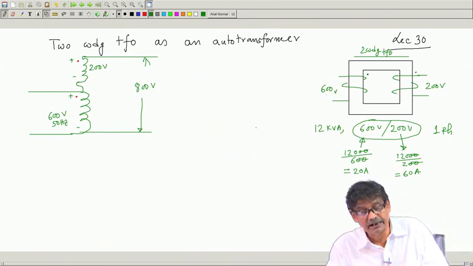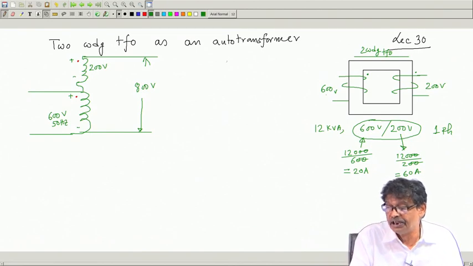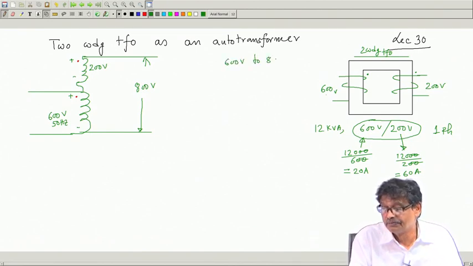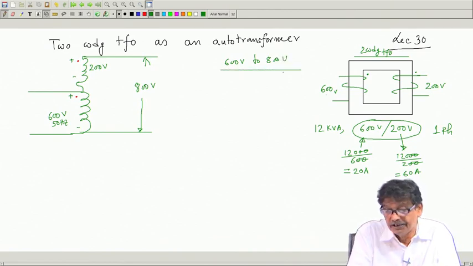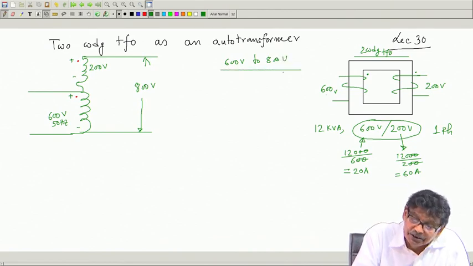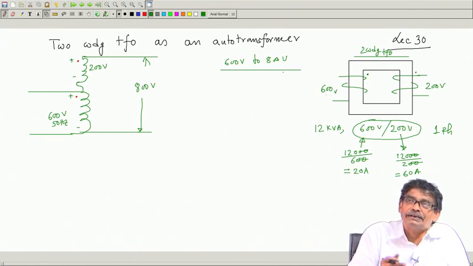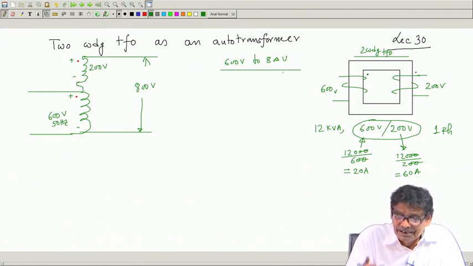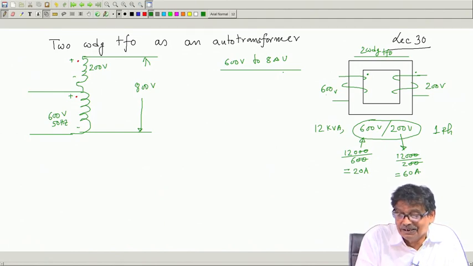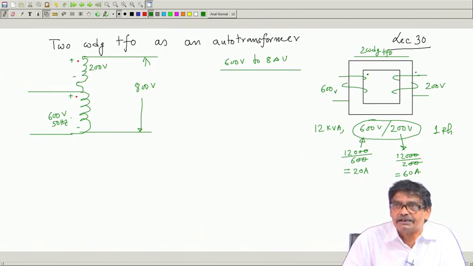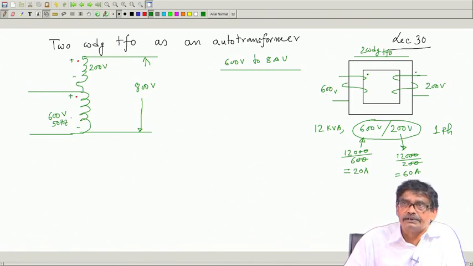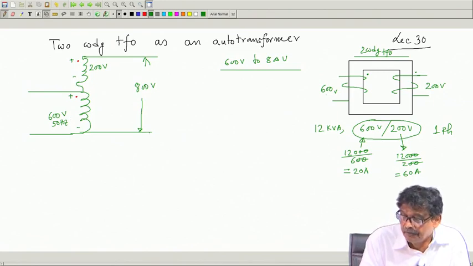Oh, this two winding transformer can also be used to change voltage from 600 volt to 800 volt, why not? Provided you connect like this, and the moment you connect like this, you can immediately tell that it is like an auto transformer, where you are stepping up the voltage. This is the thing I want to tell. It can be connected in this way, 800 volt.